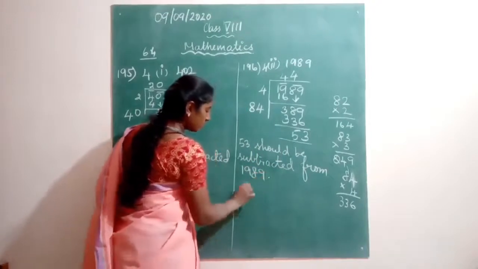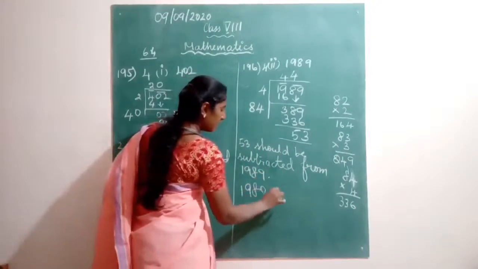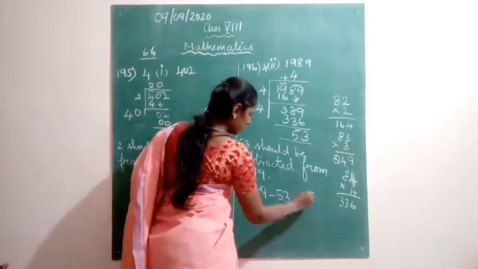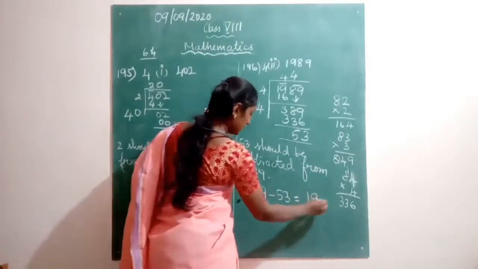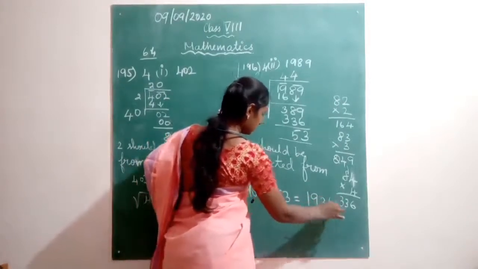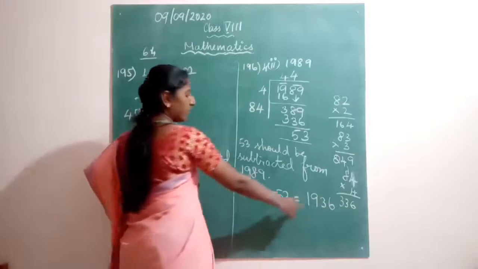Okay, that is 1989 minus 53 will give you how much? It is 1936. Okay, if you subtract this, you will get this answer.